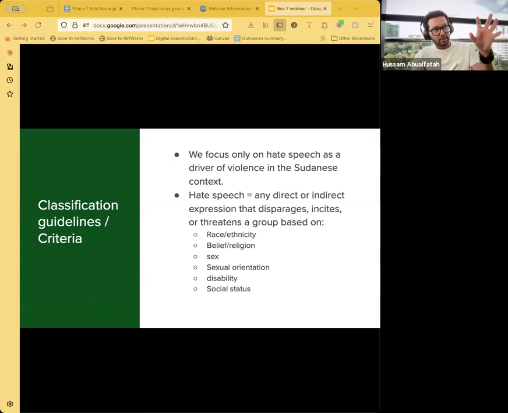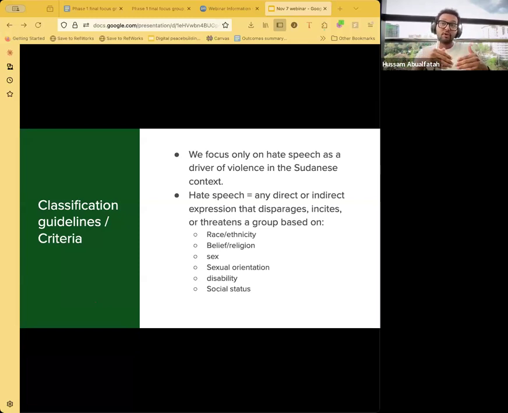The first: this post is definitely hate speech, when an attack or threat was clear. The second: this is potentially hate speech, when context or tone was ambiguous. And the third: this isn't a hate speech post, when there was no targeting or incitement.